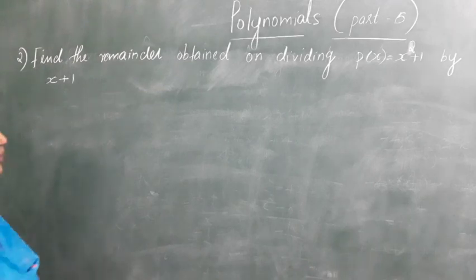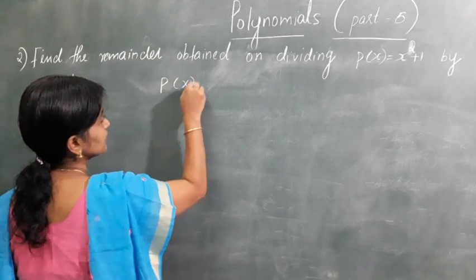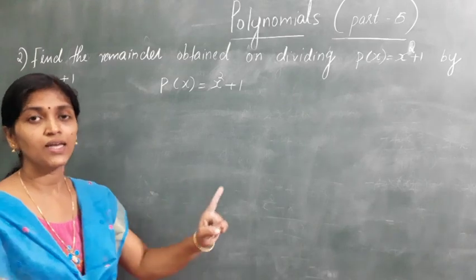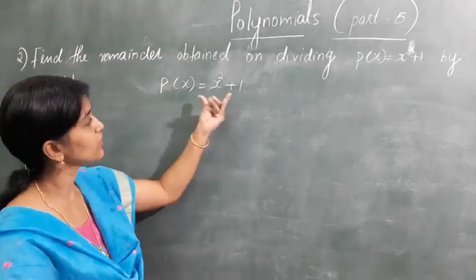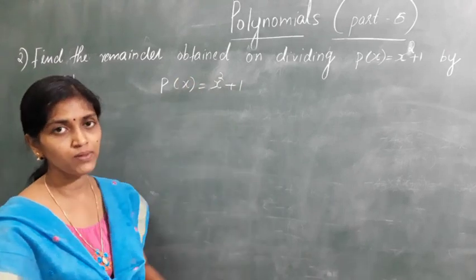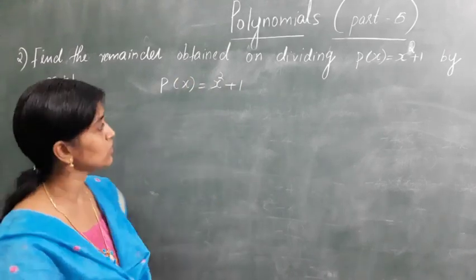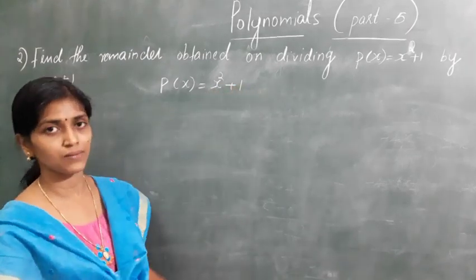So p of x is equal to x square plus 1. The first step was writing the polynomial in the standard form. Here you can see it is in the standard form, but a term is missing, because first an x square term must come, next an x term must come. It is missing.